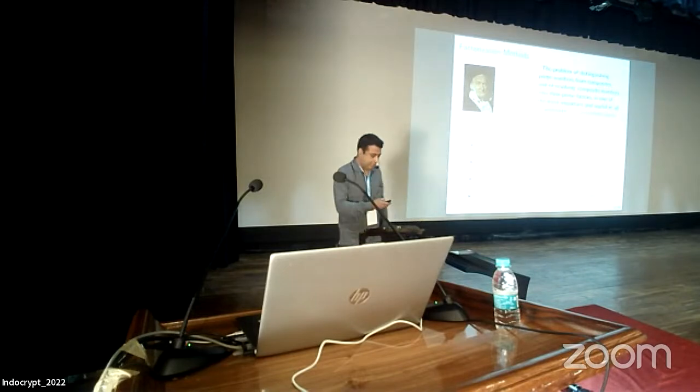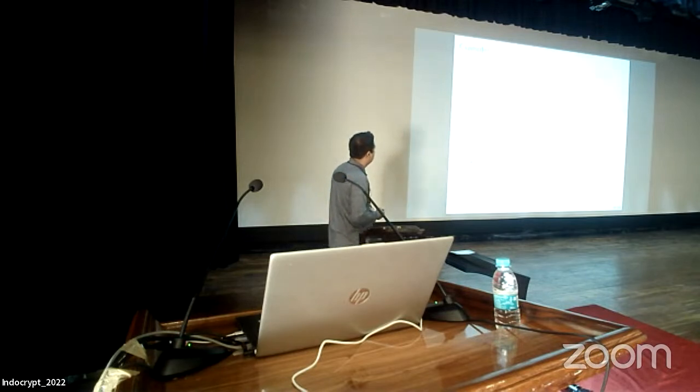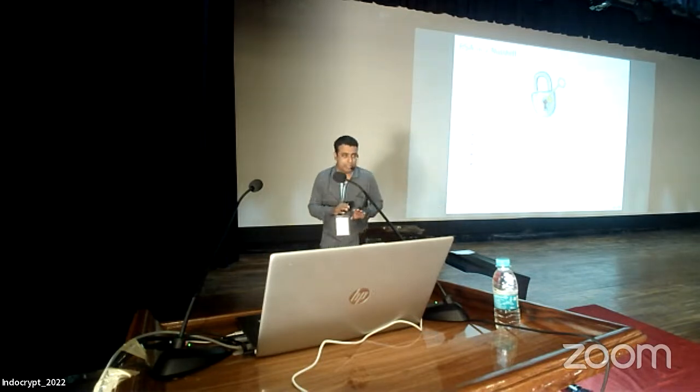Suppose p is 500 bits. Normally we take p equal to 512 and q equal to 512, so n is 1024.